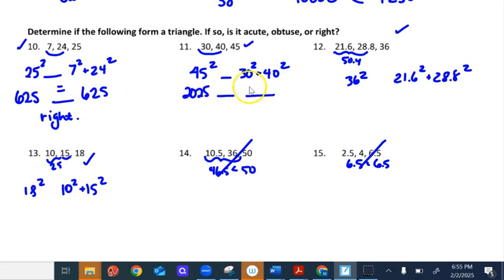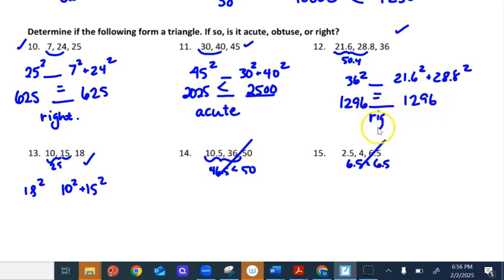Oops. For the right side, we have 2500, acute. For this triangle, we've got 1296 and 1296. They equal each other. So right triangle.